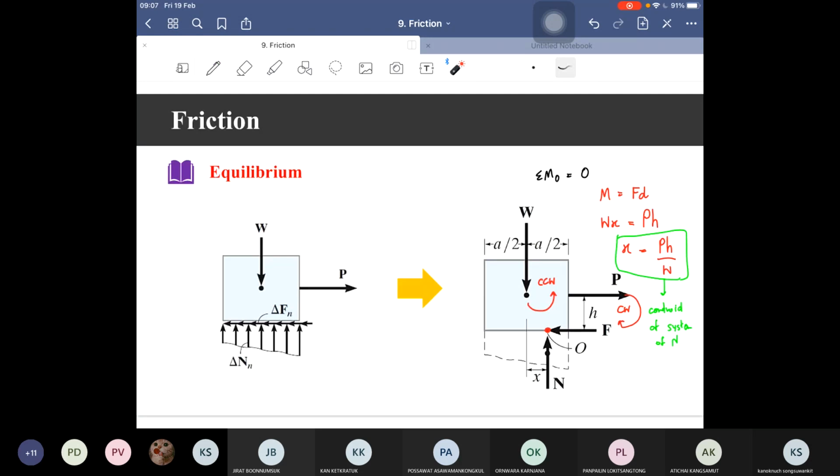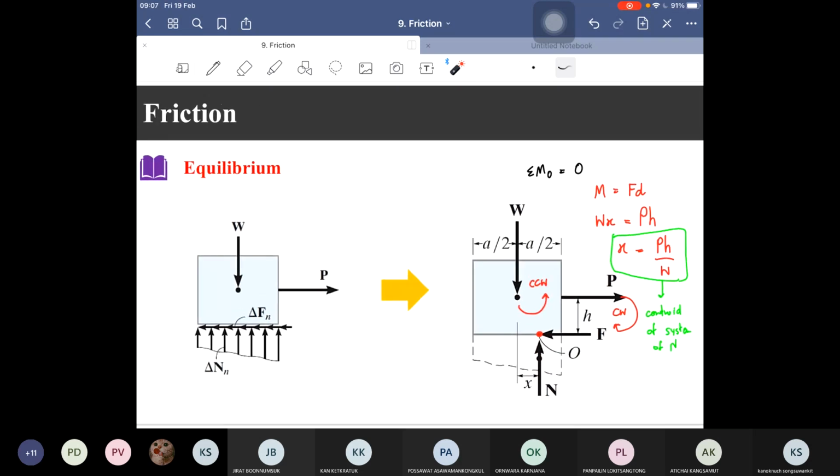Okay, when you studied friction in high school, you would just put the N at any point, right, to make it simpler. But for the rigid body, you must remember that the normal force N acting on this body is not acting at the center, but at a distance x from the center.